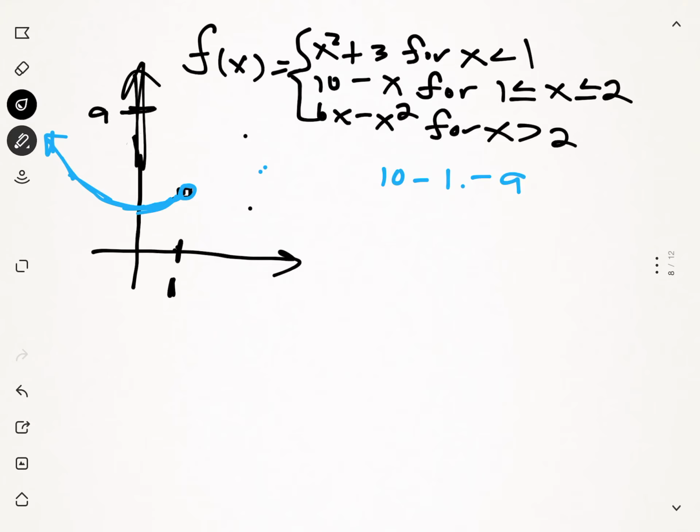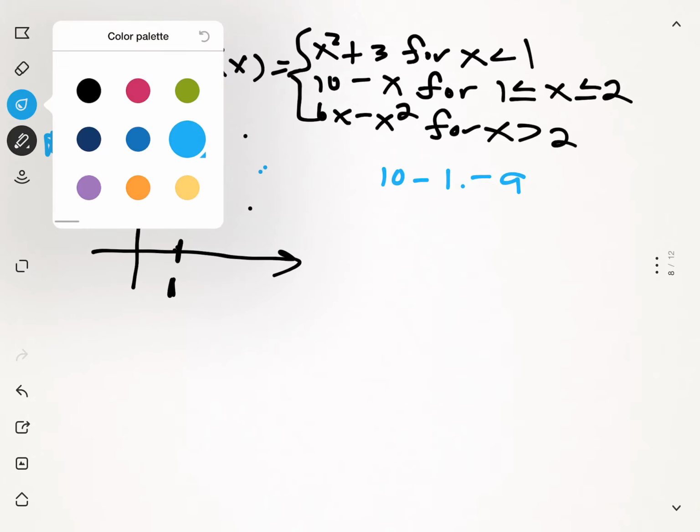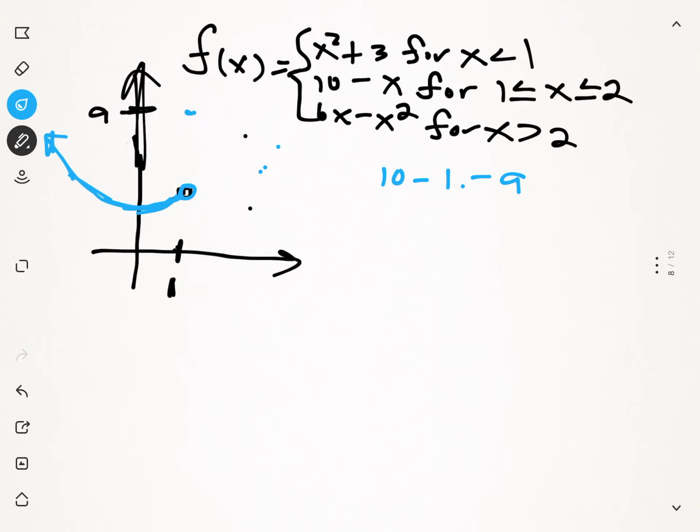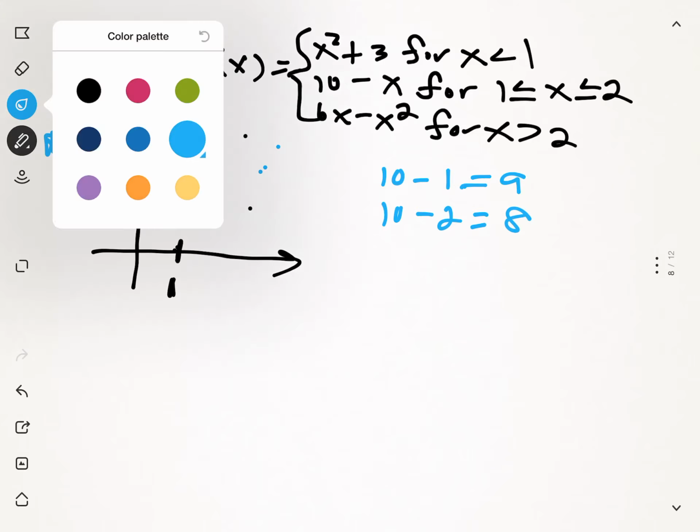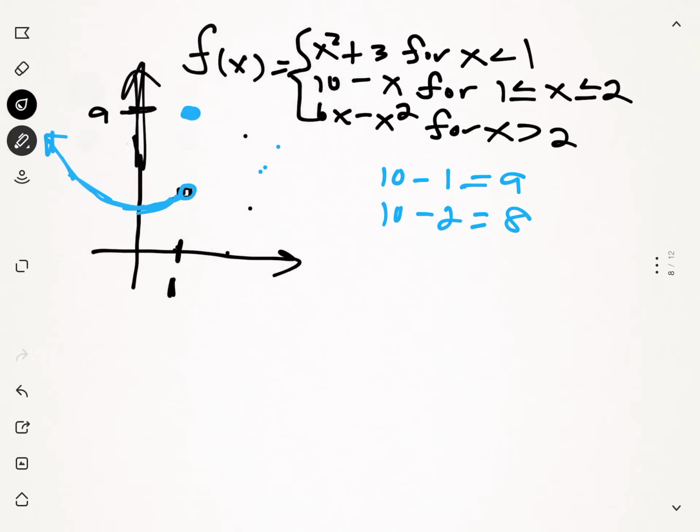So I'm going to put a solid dot there. Now put in 2, we get 8. So that's down here. And that fits good. Now let's try the next one.